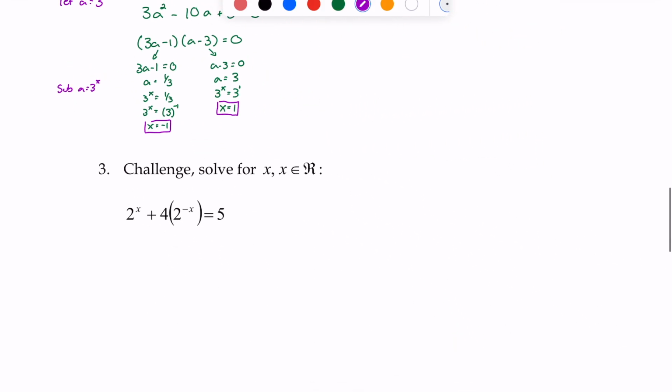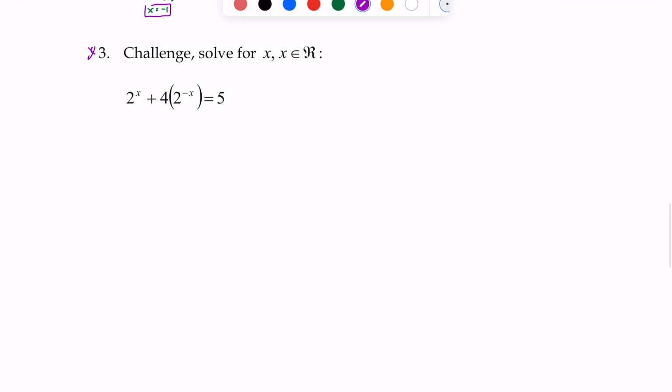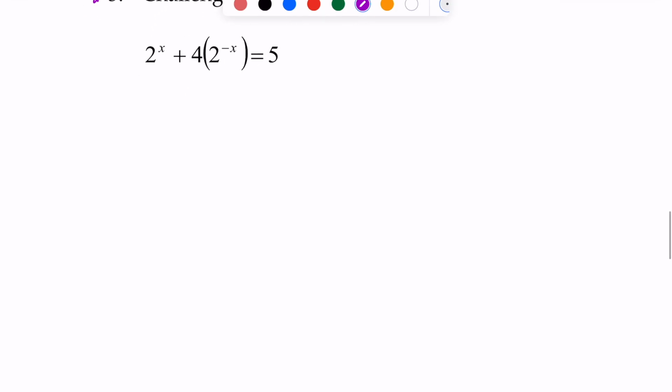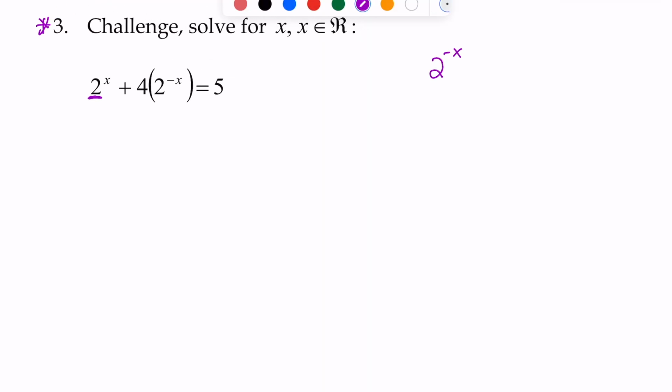Okay, so challenge yourself. If you want to pause the video, try doing this question. It's a good question. So just as we approached it before, let's try and get these powers to be the same. We can clearly see that one of them has a negative. This 2 to the negative x, well, that's the same thing as me saying 2 to the negative 1 multiplying x.